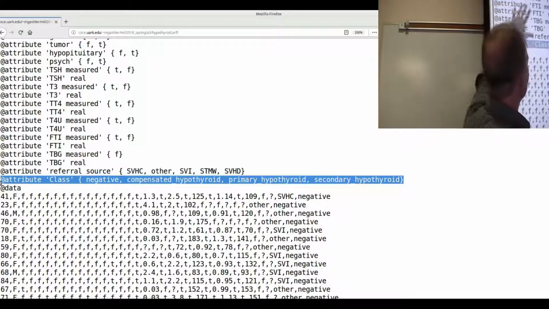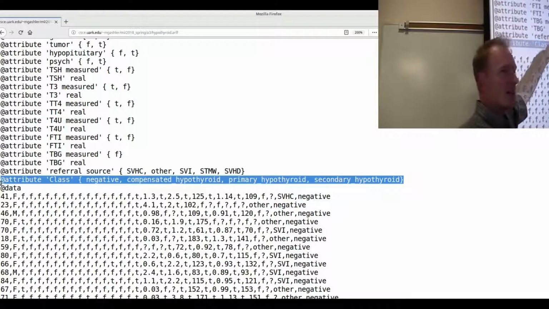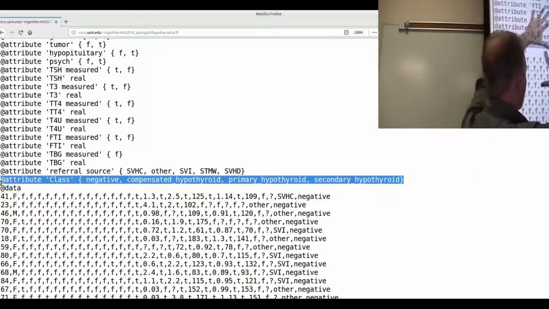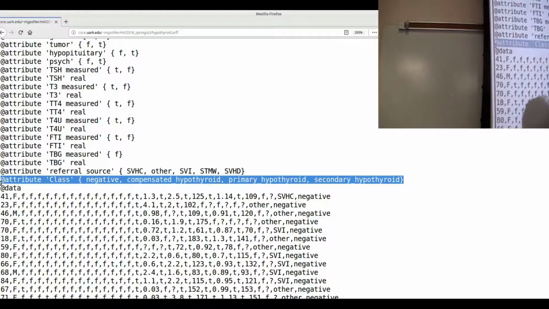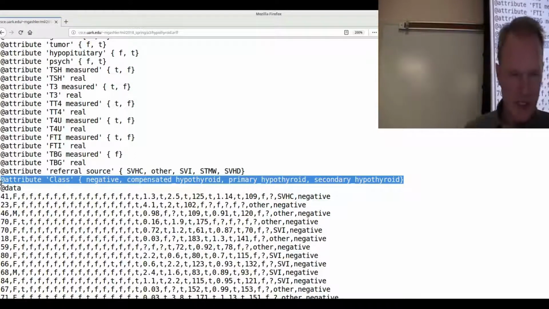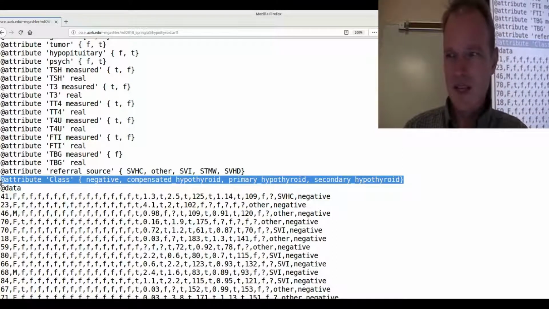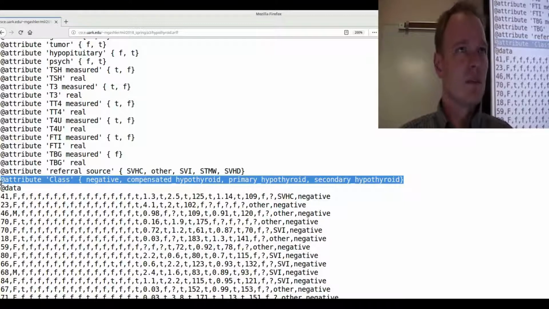And so you have features and labels in the same data set, and this last one is the class label. Did you catch that? Okay. So you have to divide the data yourself. The other thing is, this is a categorical attribute, which means there's some number of categories. Root mean squared error really doesn't make sense in this context.